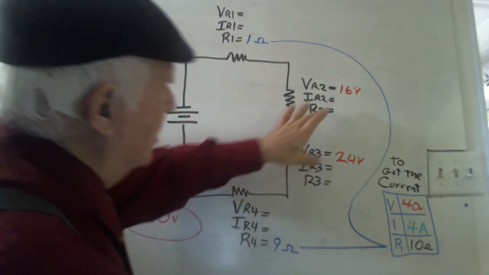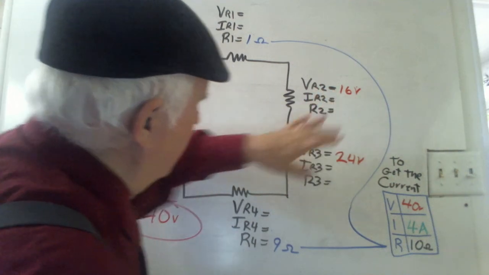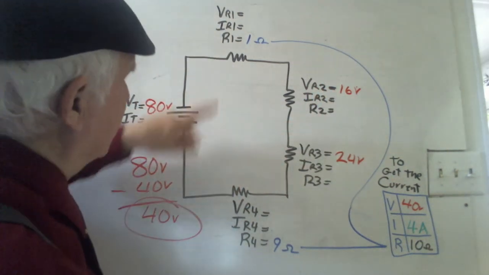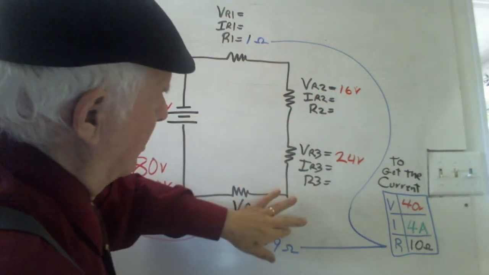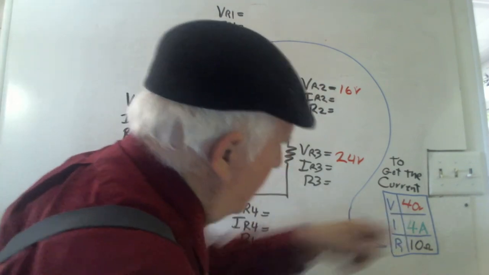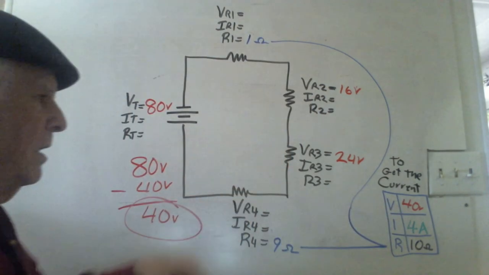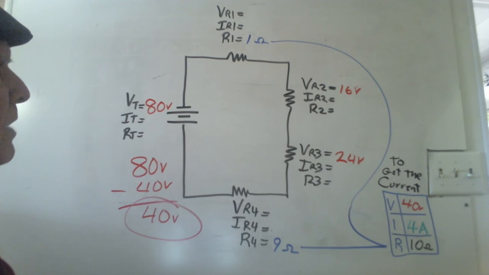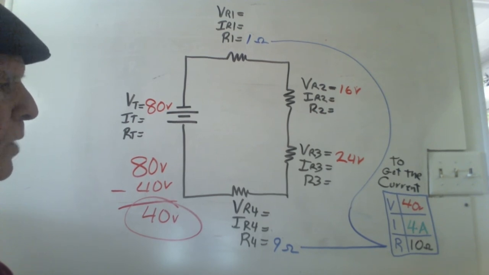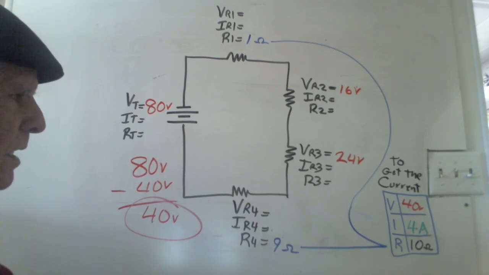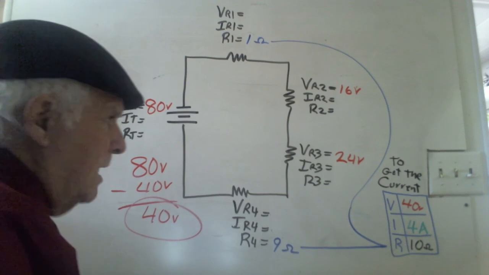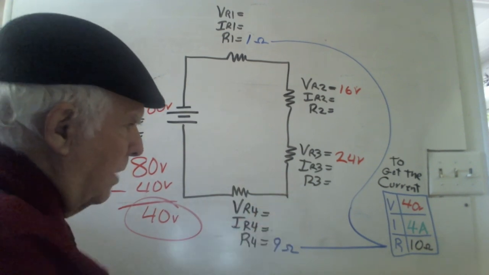So 40 volts that I have right here is accounted for out of the 80, but the 40 volts that's missing goes here and here, as I've indicated at this point. Now, the thing I have to do next, because I don't know, is it 20 and 20, 30 and 10, 5 and 35? I have no idea how that breaks down. So I'm going to combine these to get the current.